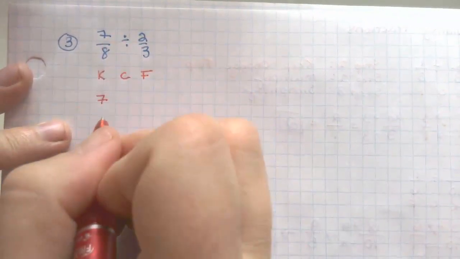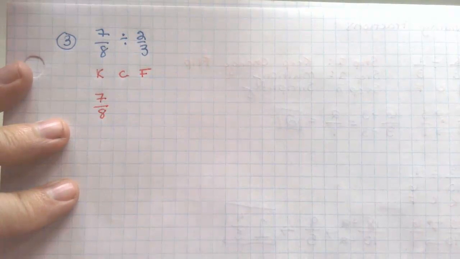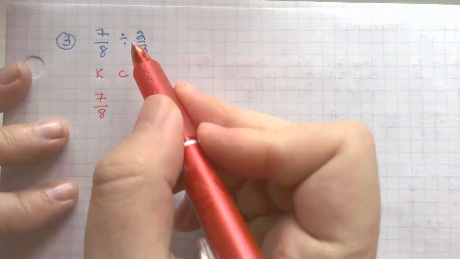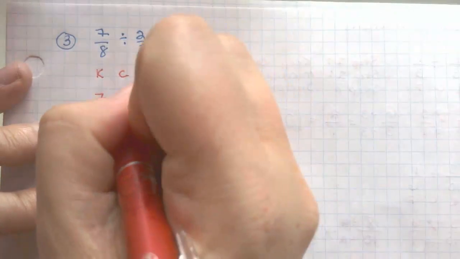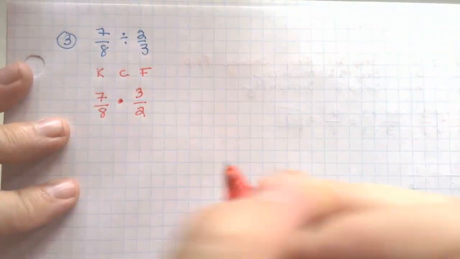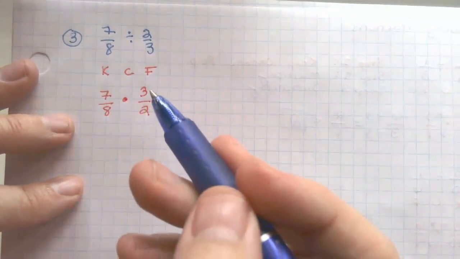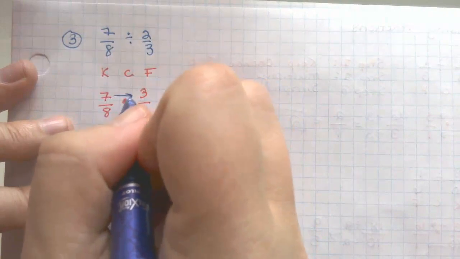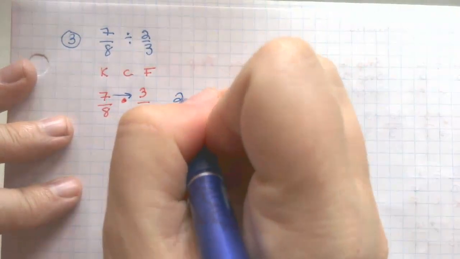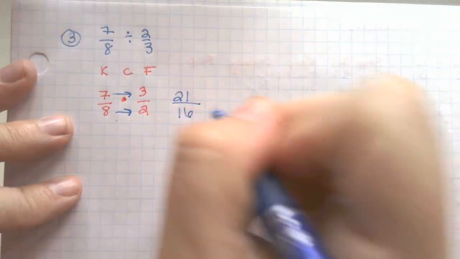Keep the 7/8, change division to multiplication, and then we're going to flip. Instead of 2/3, we're making it 3/2. All right. Then we're going to multiply right on across. 7 times 3 is 21. 8 times 2 is 16.